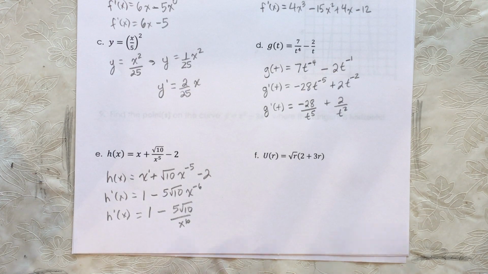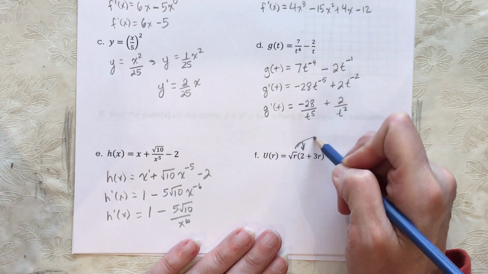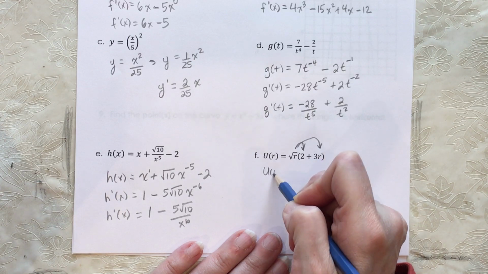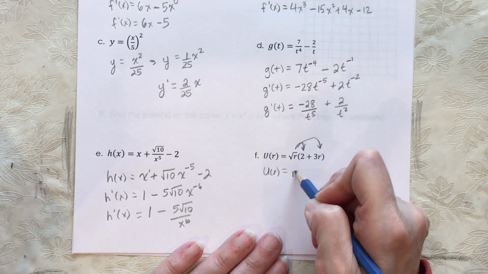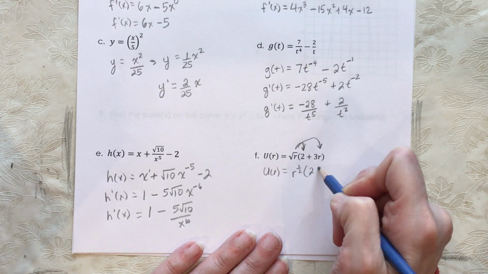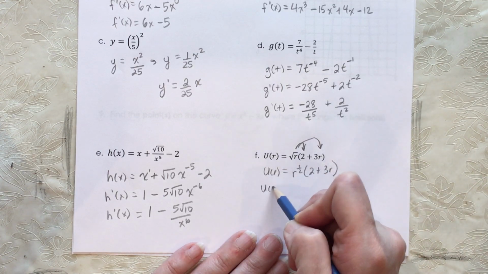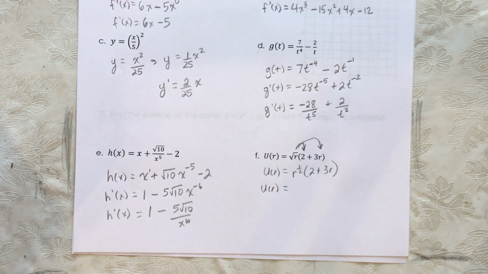This one, we would first want to distribute. Maybe even before we distribute, we would want to write root r as r to the 1/2 and then distribute. So it's going to take us a while to make this one look appropriate for us to differentiate.